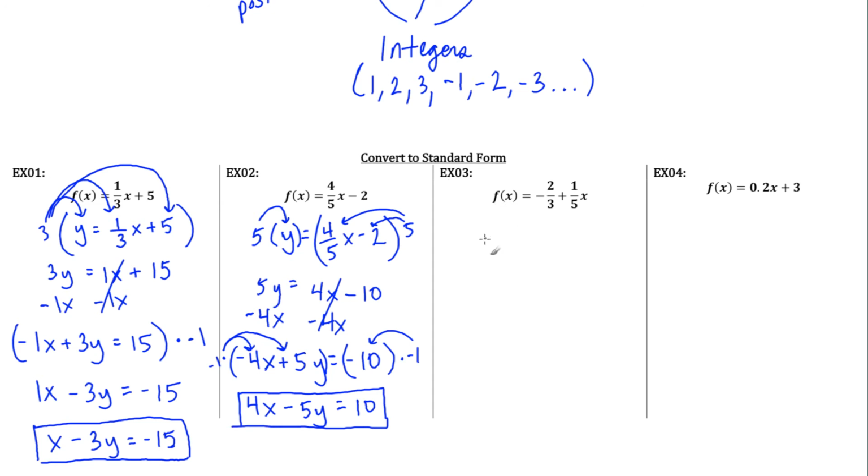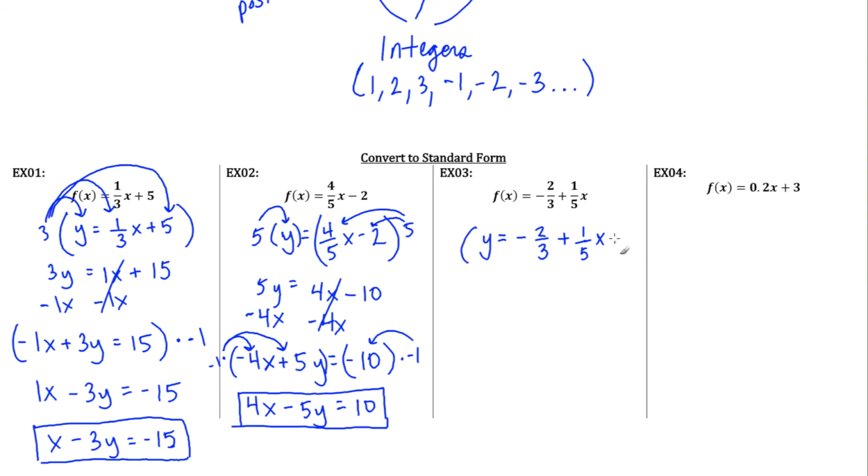So example number 3. Let's rewrite this as y equals negative 2/3 plus 1/5 x. So we don't like these fractions, right? And I could multiply by 3 and then multiply by 5 to get rid of both of them, but I may as well just multiply by a common multiple of 3 and 5. So 15 will work because 3 goes into 15, 5 goes into 15.